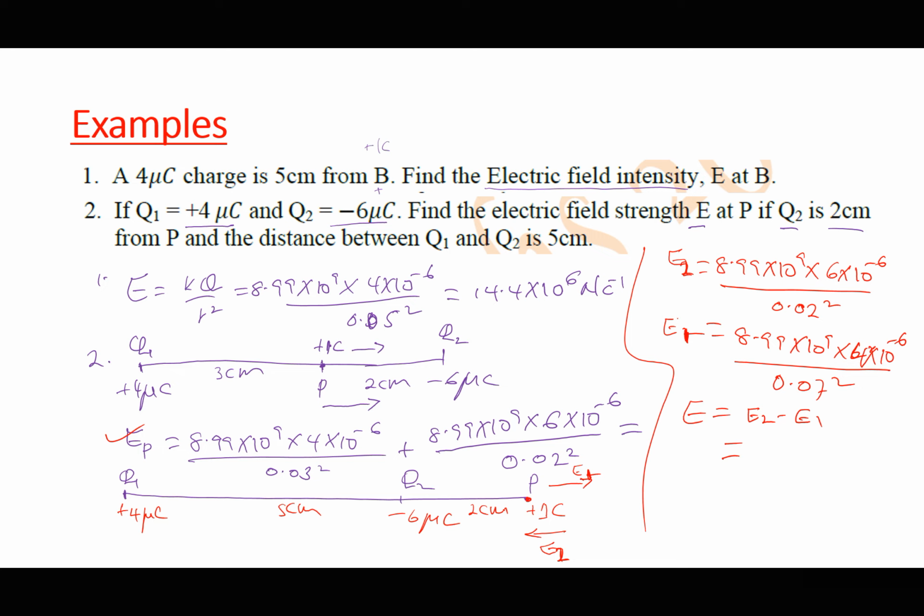So when I subtract, I'm getting 1.2 times 10 power 8 newtons per coulomb. You can press the calculator and also find that. The units of electric field strength will not change, they will remain the same.